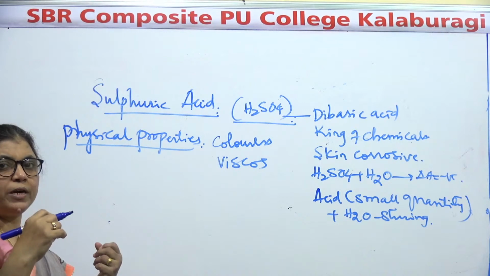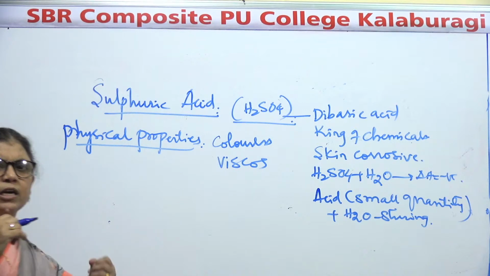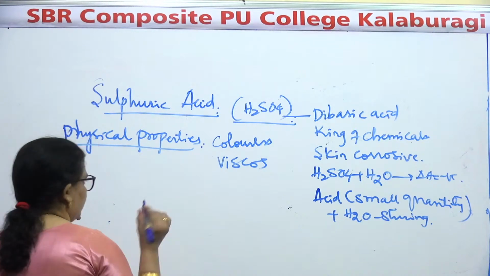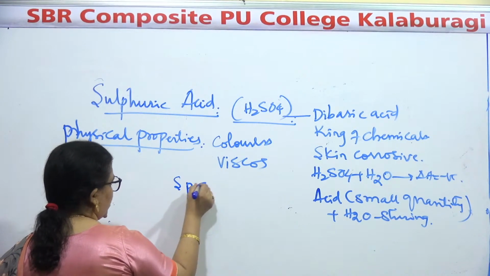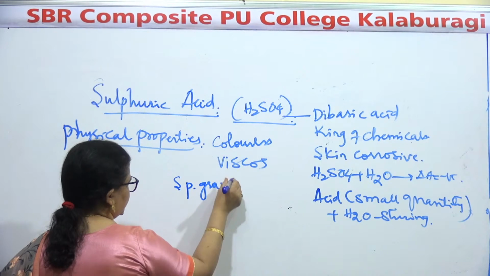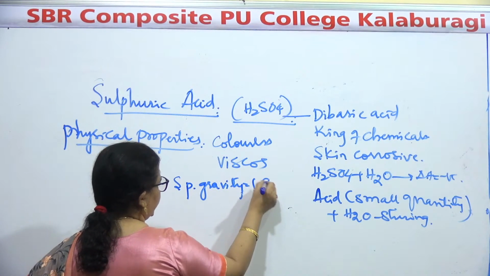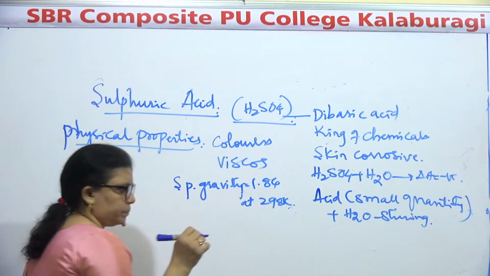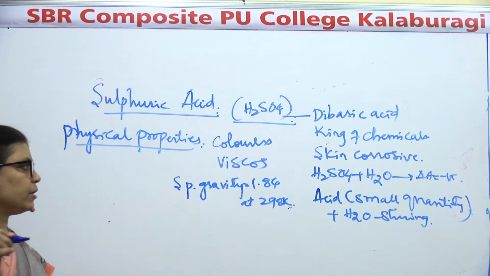That's why we should be careful, especially with concentrated sulfuric acid. Sulfuric acid's specific gravity is around 1.84 at 298 Kelvin of temperature. It is a viscous liquid.